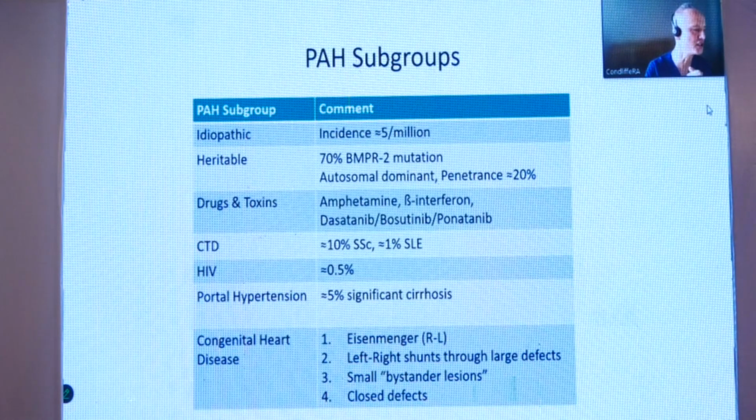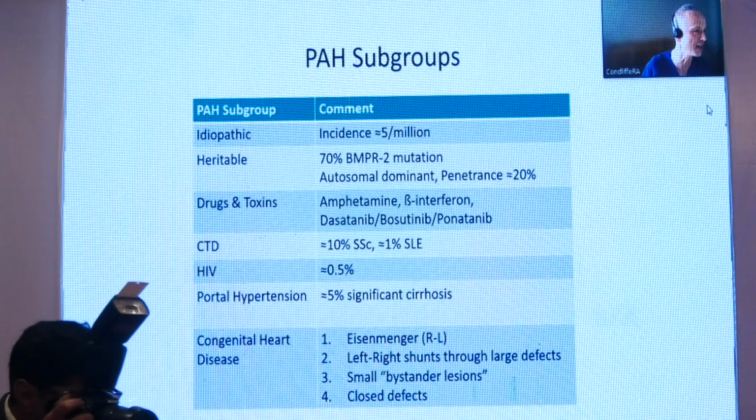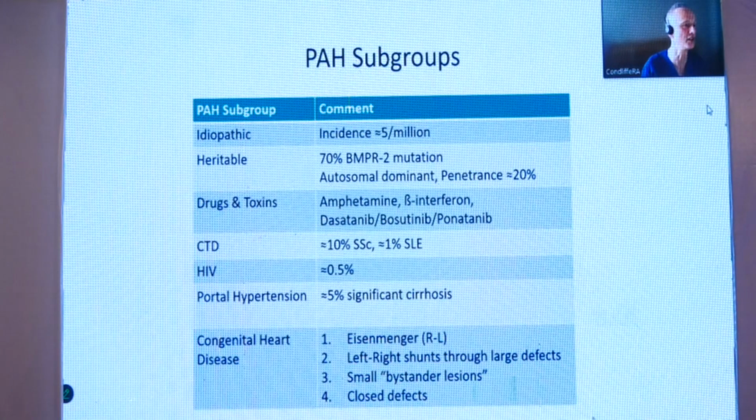Connective tissue disease is an important cause of PAH, with systemic sclerosis being associated with PAH in around 5 to 7% of people. Liver disease, patients with significant portal hypertension, around 5% of people will develop PAH, we call that portopulmonary hypertension, and congenital heart disease is clearly an important cause of pulmonary hypertension.